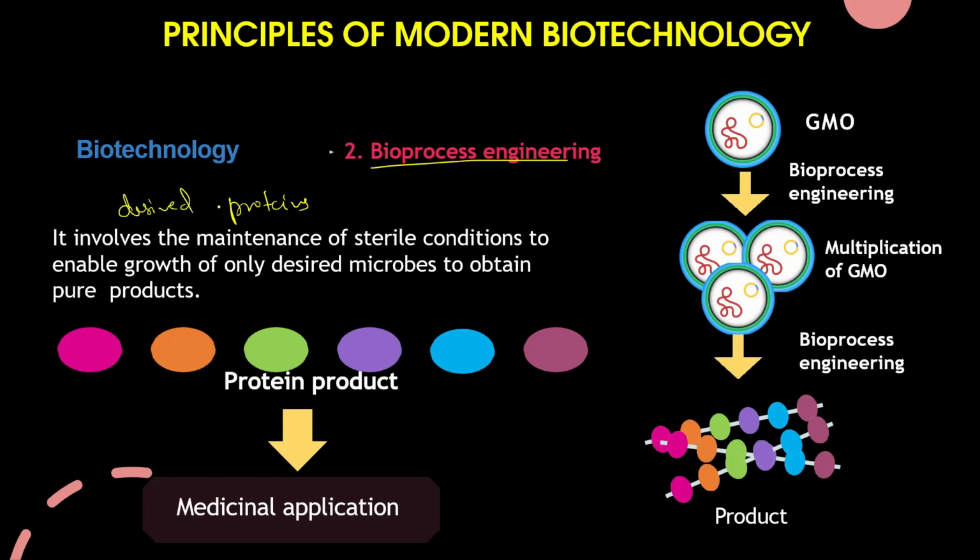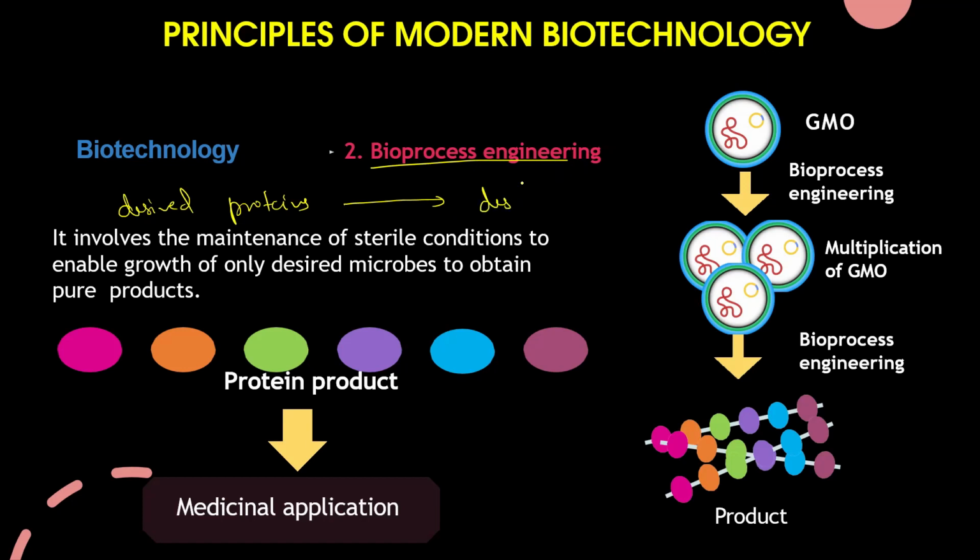Now extracting these desired proteins in a sterile condition, we call bioprocess engineering. Whatever proteins you are getting, you filter them out, extract them, and make them in a sterile condition, packaging and producing the desired product. That is bioprocess engineering.